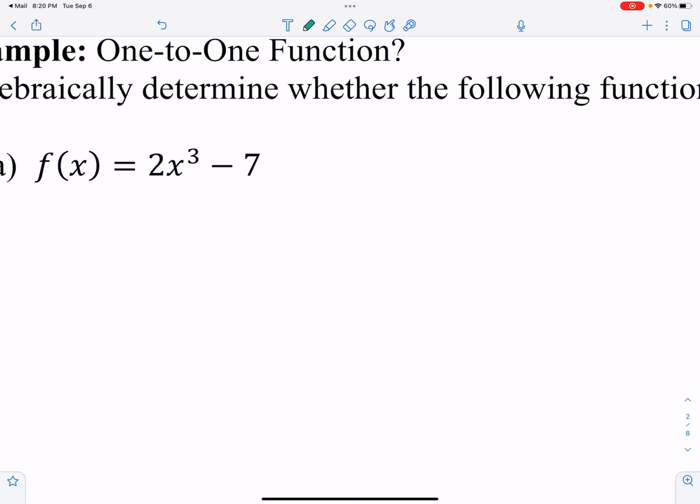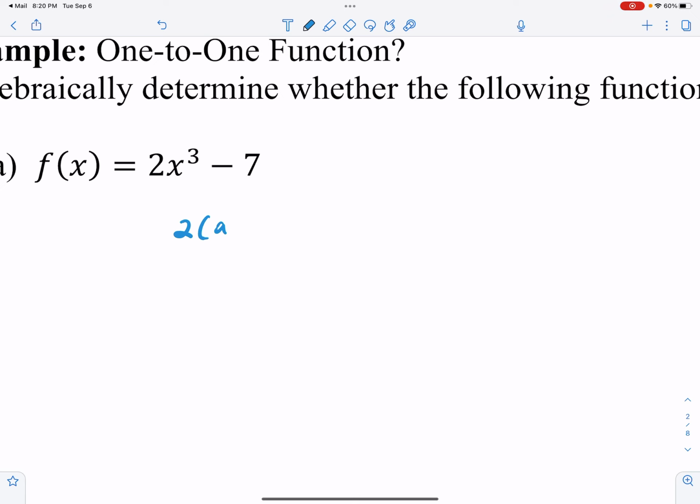But the way that we would show this algebraically is we want to know if we were to evaluate the function at, say, a and b, whether a is equal to b.